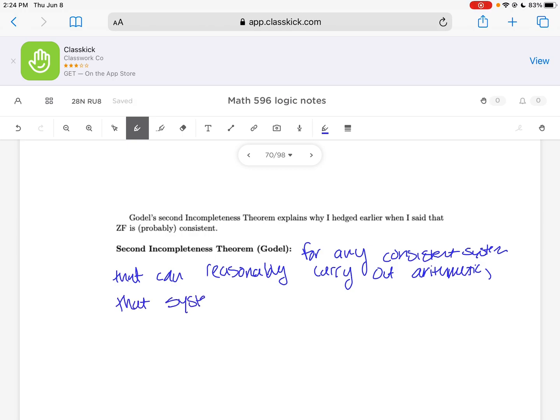That system of axioms cannot prove its own consistency. In other words, we can't just use the ZF axioms to prove that ZF is consistent. We can't use any set of axioms to prove that that exact set of axioms is consistent.